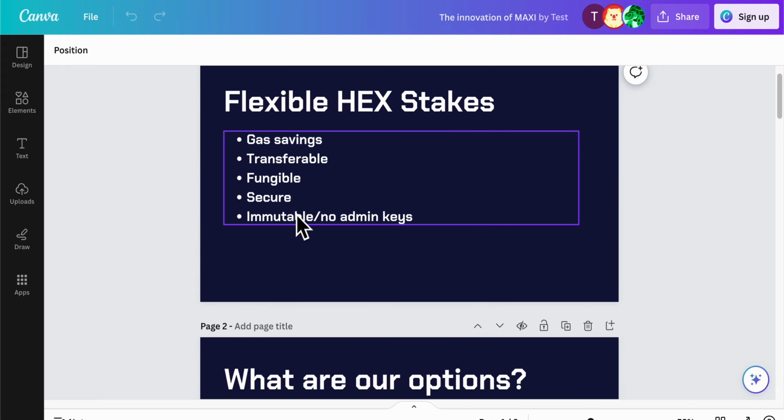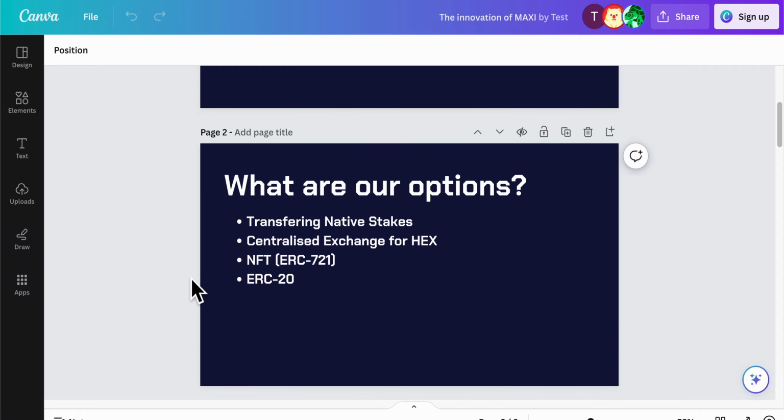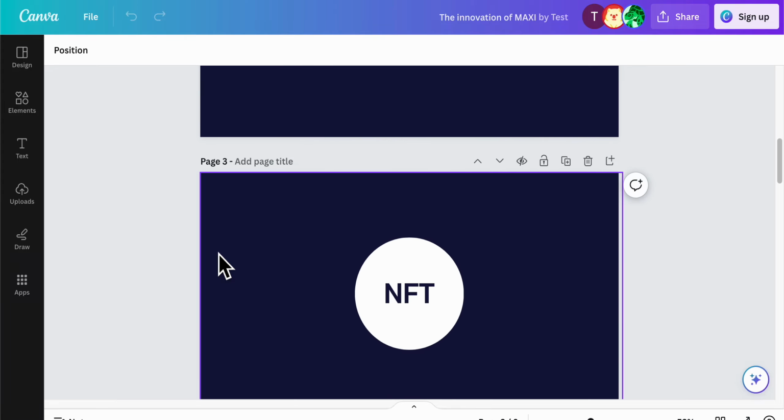The security is there, it's immutable, no admin keys. There are no gas savings and it's not fungible, which I'll go into. So that also, it's not ideal in my opinion. It relies on an auction system or OTC deals for whatever the length and size of the stake is. And then you have the ERC20 format, which I can go into.